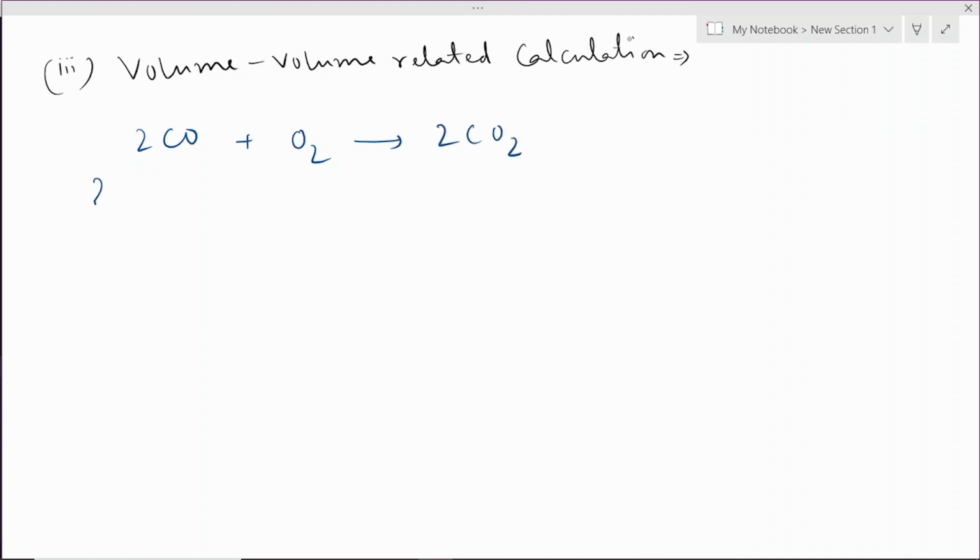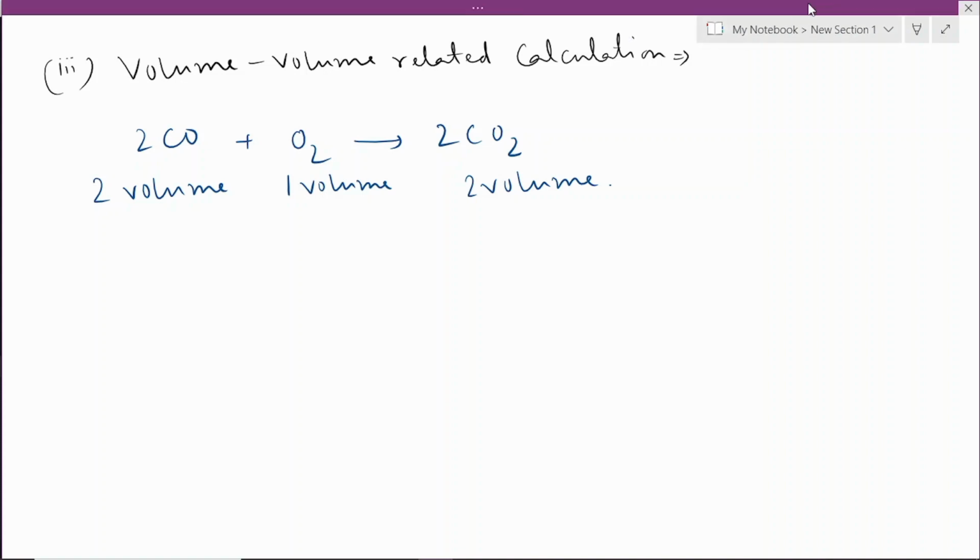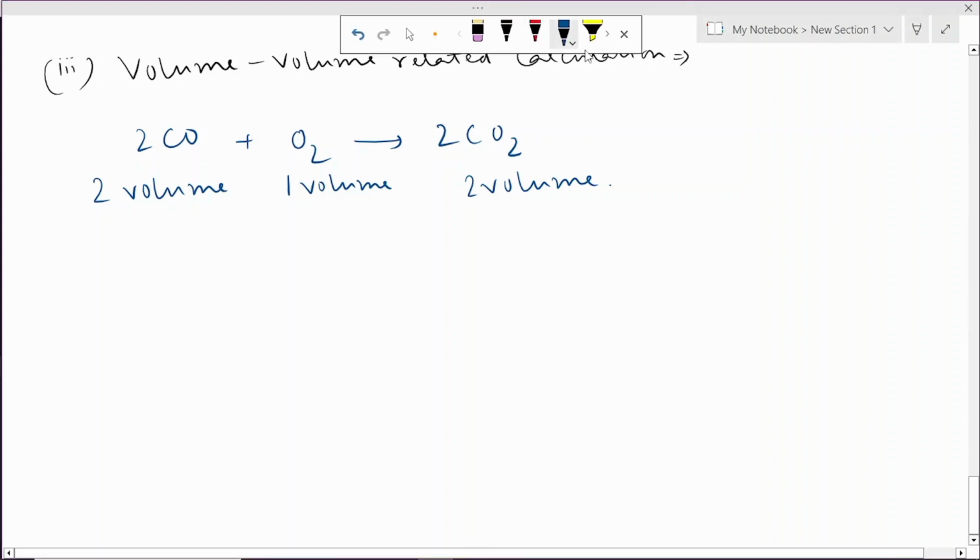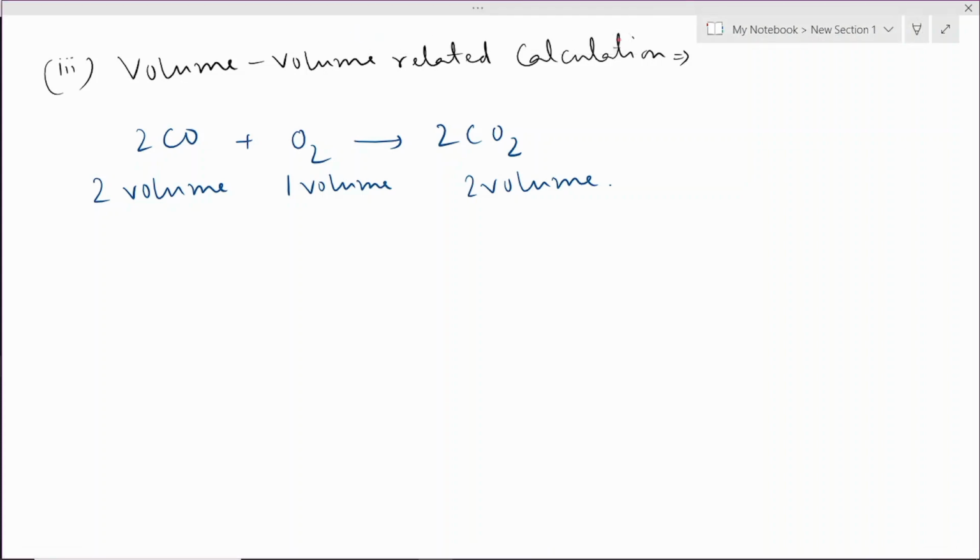Here carbon monoxide is 2 volume, oxygen is 1 volume, and carbon dioxide is 2 volume. At the same temperature and pressure, 2 volume of carbon monoxide gas reacts with 1 volume of oxygen gas to give 2 volume of carbon dioxide.